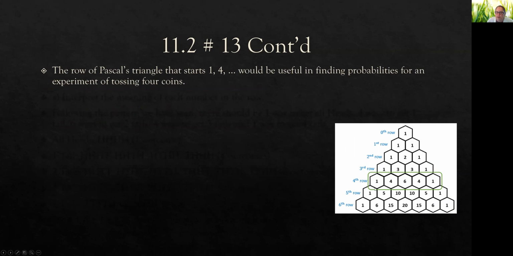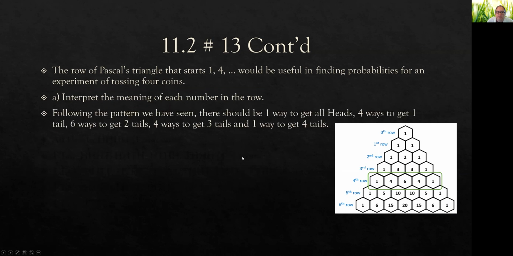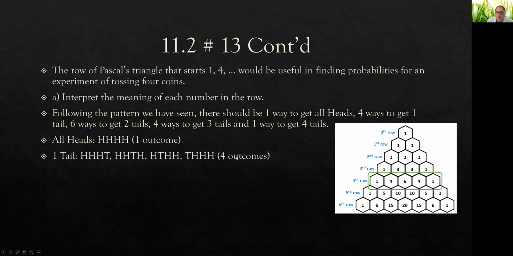So now we're going to be looking at the fourth row of Pascal's triangle. So following our pattern, there should be one way to get all heads, 4 ways to get one tail, 6 ways to get 2 tails, 4 ways to get 3 tails, and 1 way to get 4 tails. And there is indeed one outcome that's all heads.